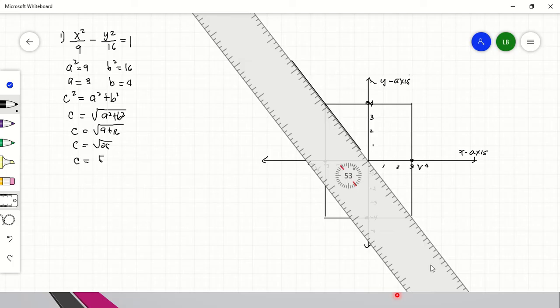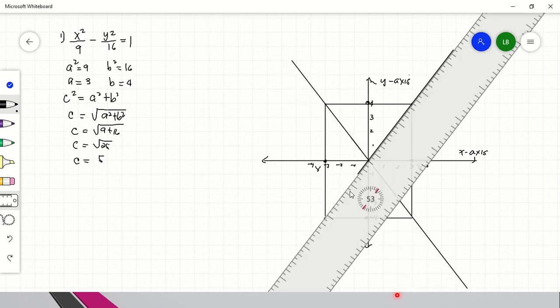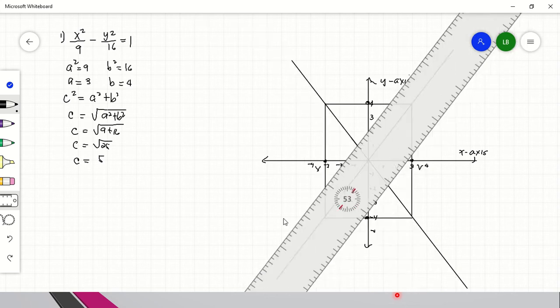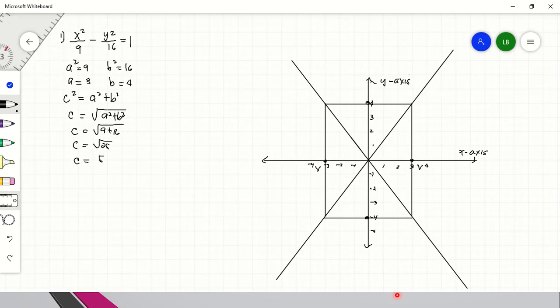Extend natin. So, our c is 5. So, 1, 2, 3, 4, 5. Ito yung ating focus.